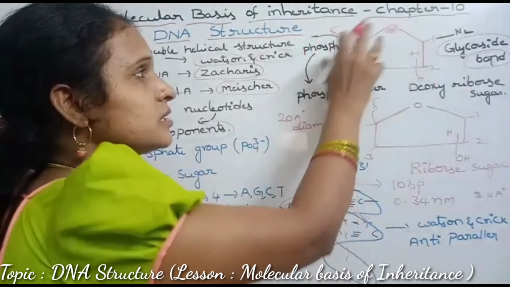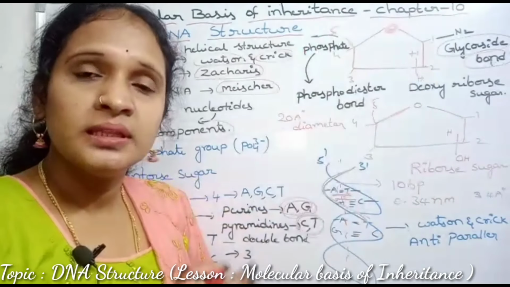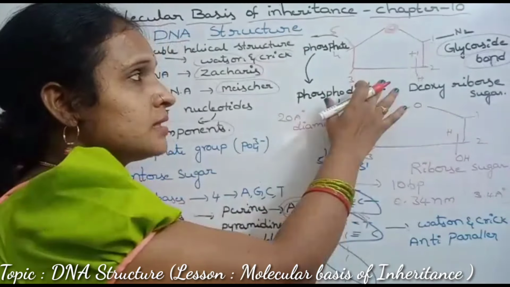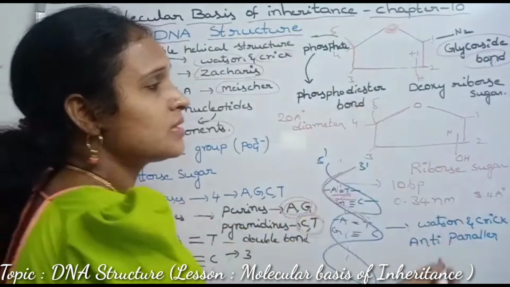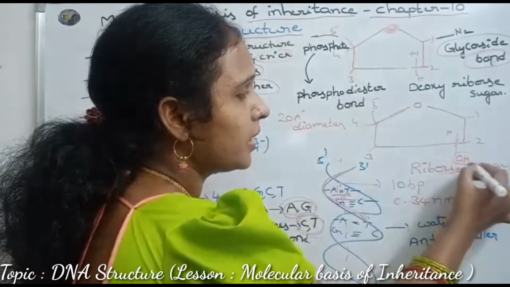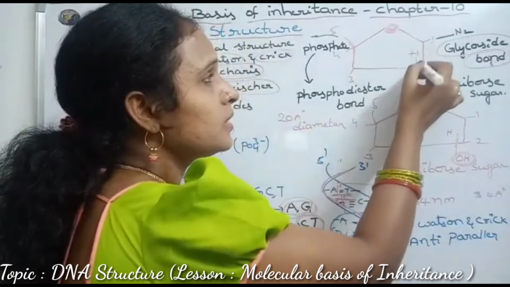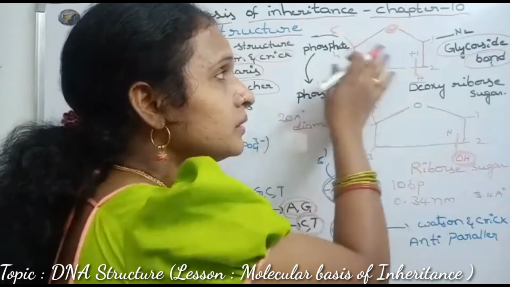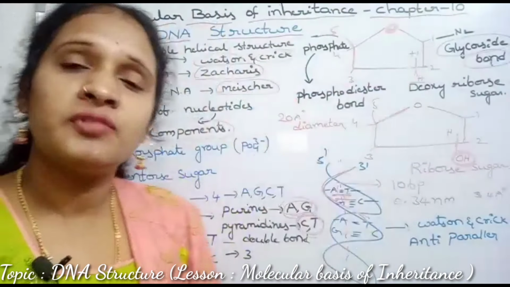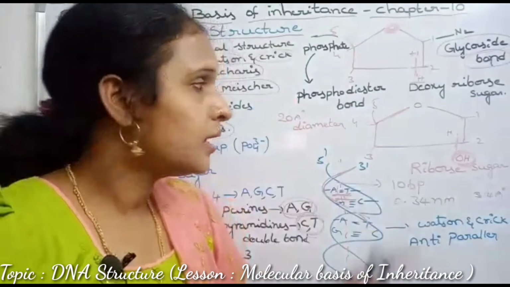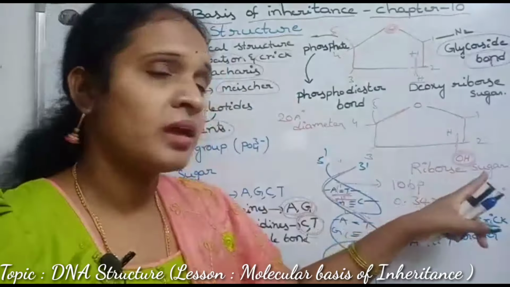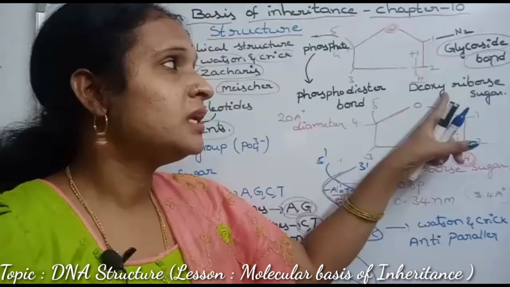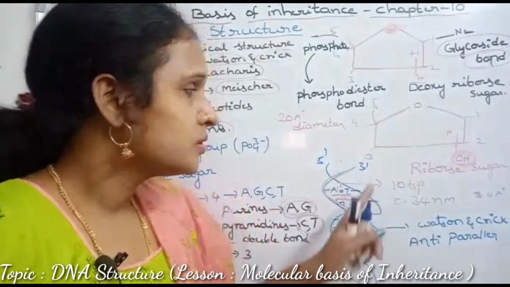It is the structure of the deoxyribose sugar. In RNA, the second carbon has a hydroxyl group. In DNA, the second carbon has a hydrogen group. That is the structural difference between DNA and RNA. RNA has ribose sugar, DNA has deoxyribose sugar.